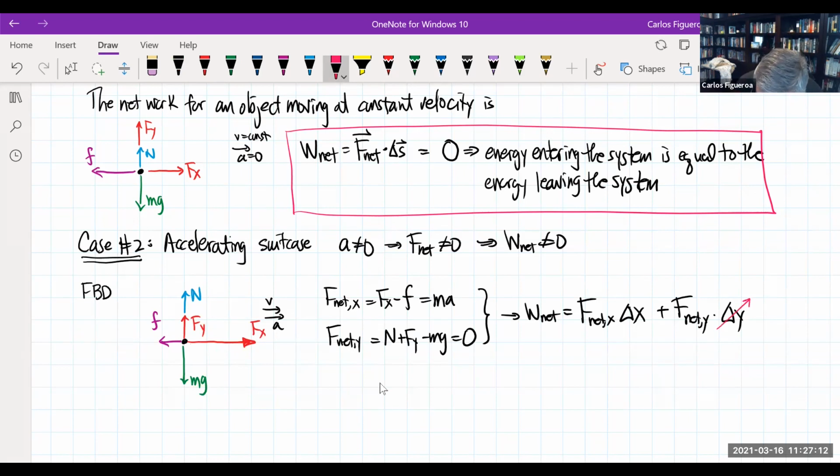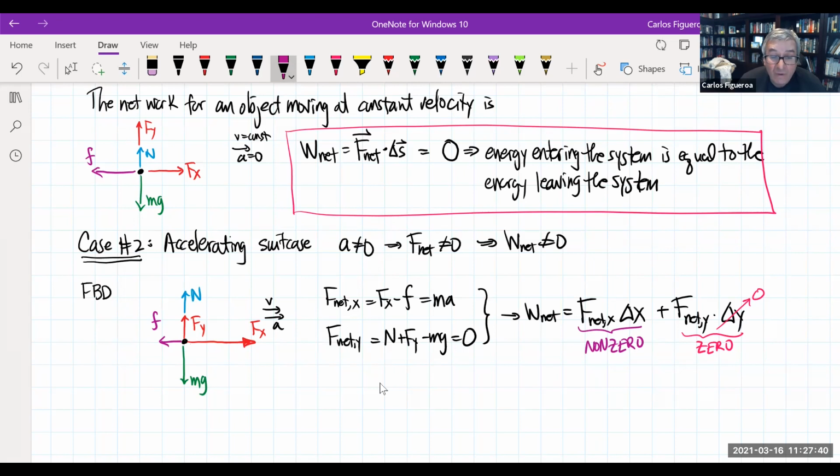Since there is no change in displacement in y, that term is 0, but yet the x term is non-zero. So I can talk about accelerating systems if I have a net work that's greater than 0.